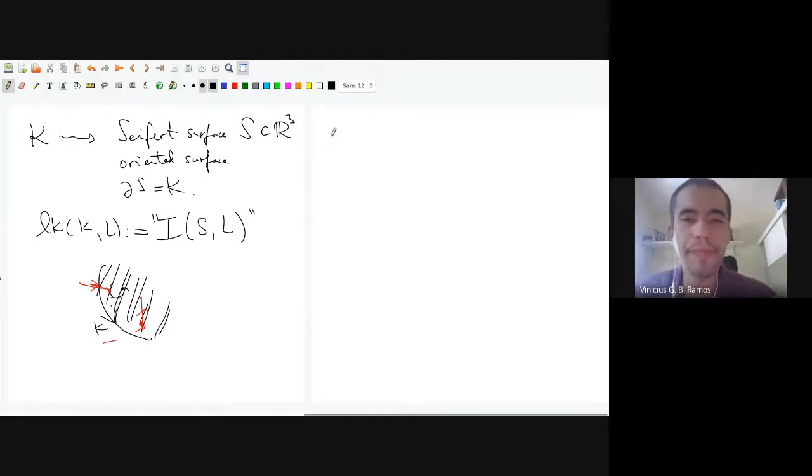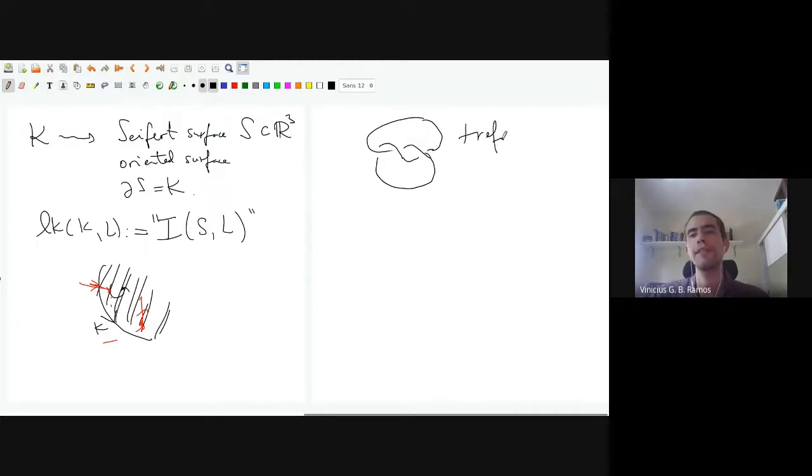So for example, a nice example is this thing here, which is also the trefoil, but it's another way to see the trefoil. And it's not very hard to see that this surface here, S, bounds the trefoil with the right orientation and is an orientable surface.